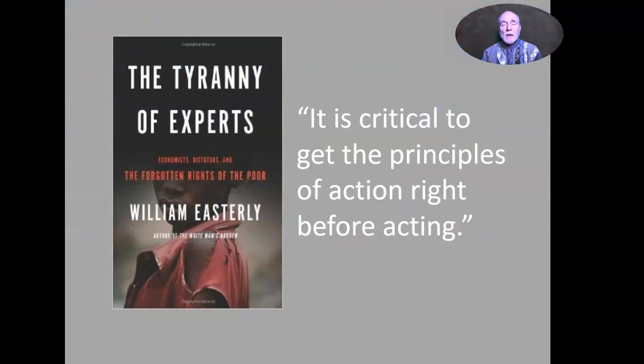Bill Easterly, the author of The Tyranny of Experts, opens that book with the observation, it is critical to get the principles of action right before acting. And that's why principles can be so important in program and project design, as well as in tracking their implementation and evaluating.